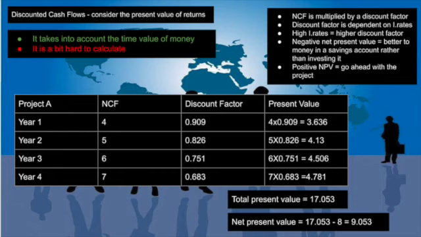You then add that up to get the total present value. Then your net present value at the end is just what you basically have left over, the profits. So your total present value, take away the original investment, the cost. So here I put 8 as the original investment. So you're left with 9.053. Now that's how much they would estimate to actually have after inflation.